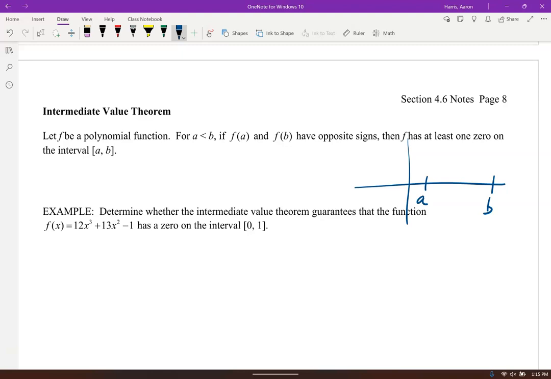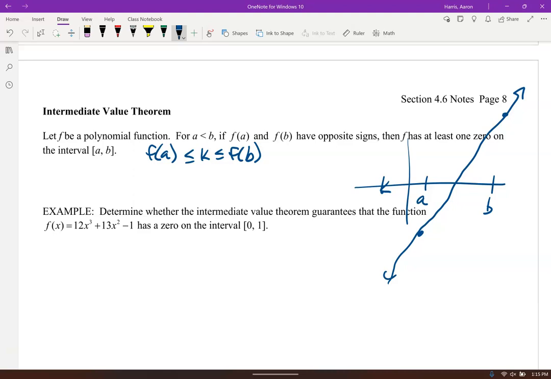Another way to say that is if there's some value k in between here, okay, so you have some f of A here, f of B here, and let's say our k is 0. And this is a polynomial, so you know it's smooth and continuous.